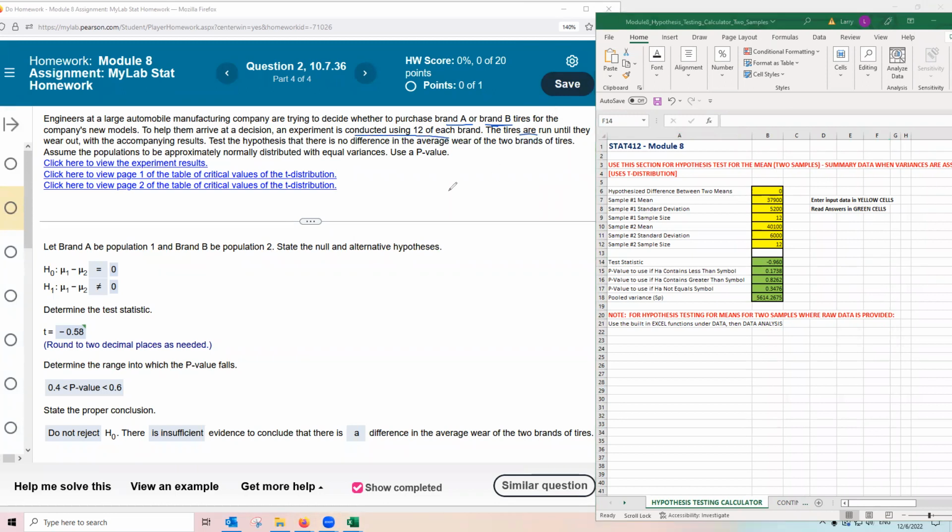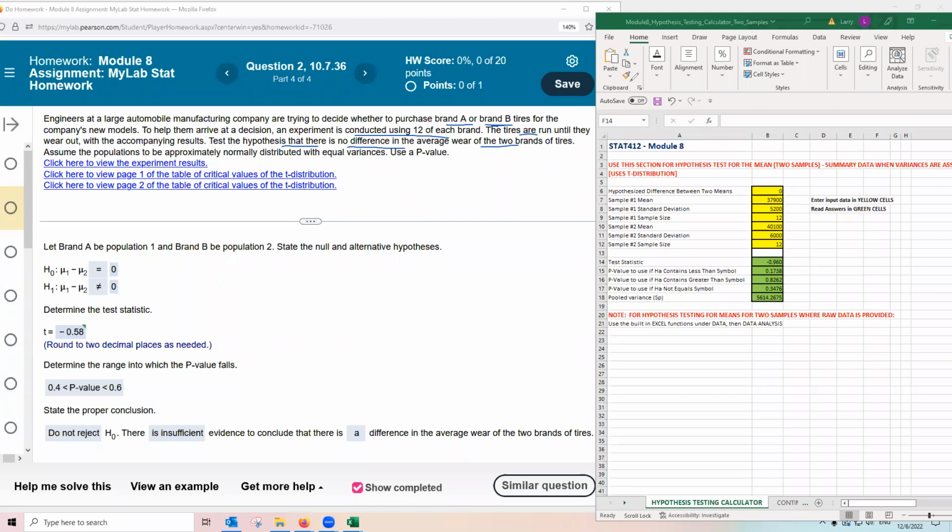They run the tires until they wear out. Test the hypothesis that there's no difference between these two brands of tires. I'd like to know, is there no difference or is there a difference? Maybe I find out that tire B is better, wears longer, lasts longer. Of course, I want to know that.